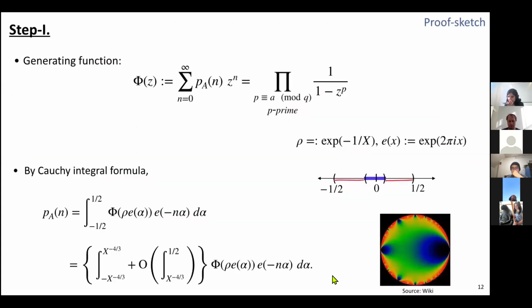Okay. So now let me say a few words about the proof. Step 1 is to start with the generating function. And it is easy to see that if you want to write n as a sum of elements from the set A, then you write this as the product over p in A mod q of 1 over 1 minus z to the power p.